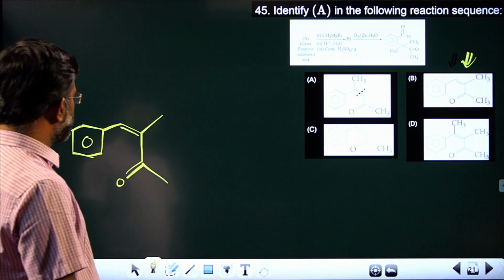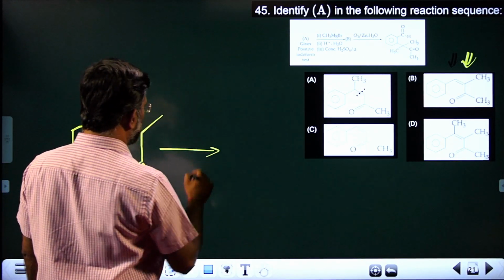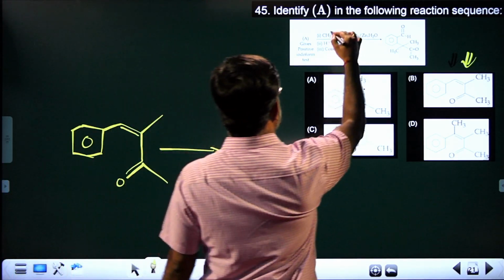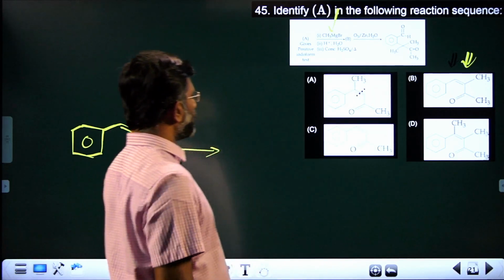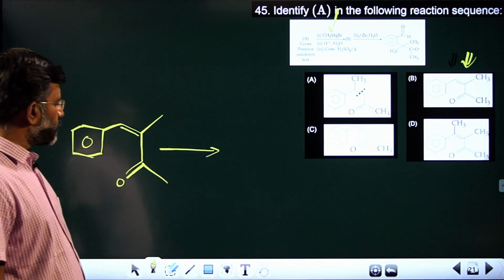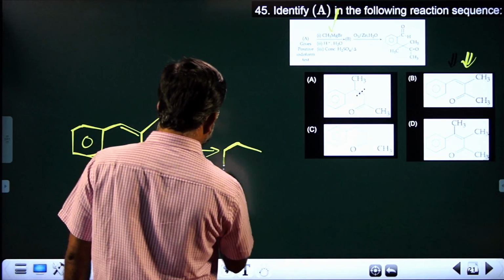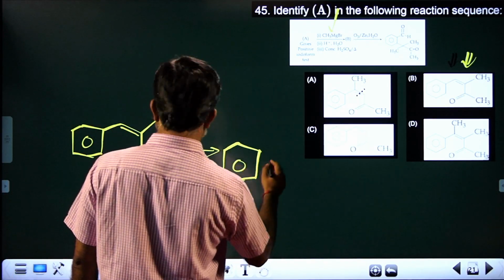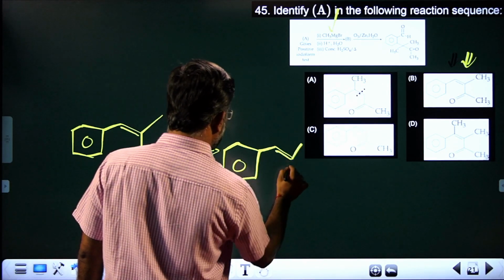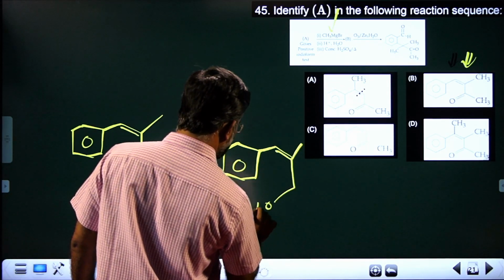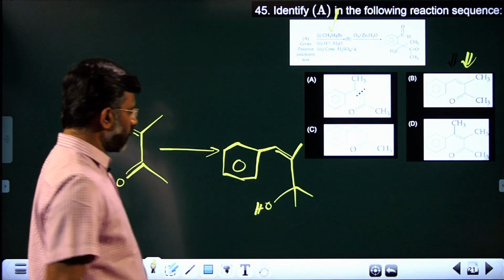Now it is treated with CH3MgBr. A Grignard reagent interacting with the ketone gives a tertiary alcohol, and this will be the product obtained.